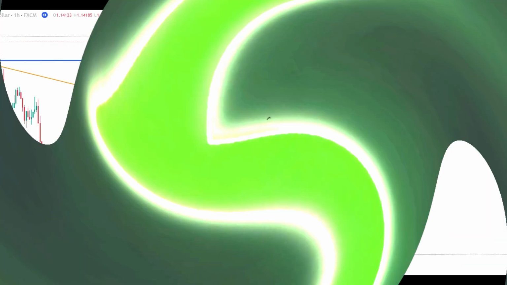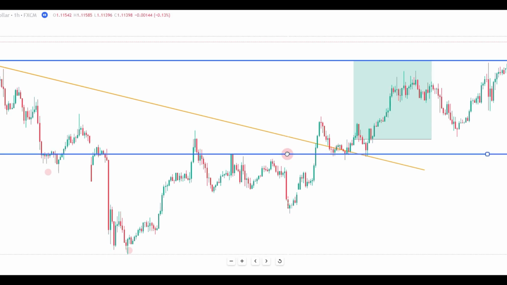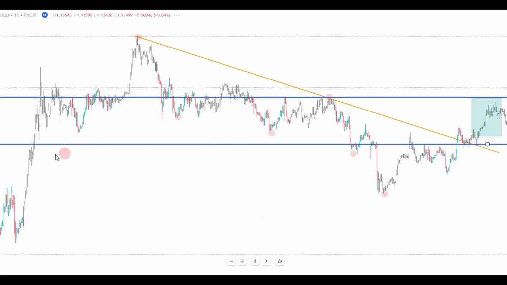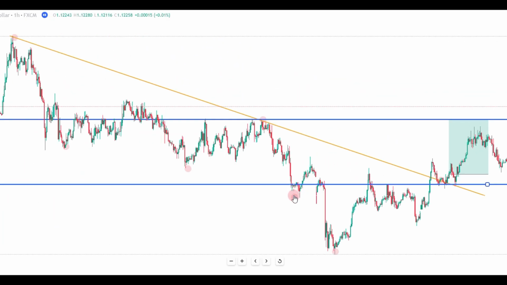So I want you to double down on this by simply using your horizontal lines. So in this case here, we would look like this. Look. And if you even wanted to do it like so, if you look across, you would see that structure is showing you here, here, right?